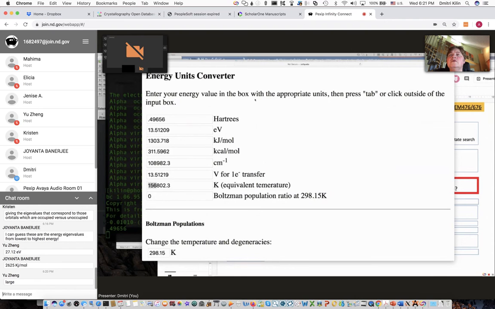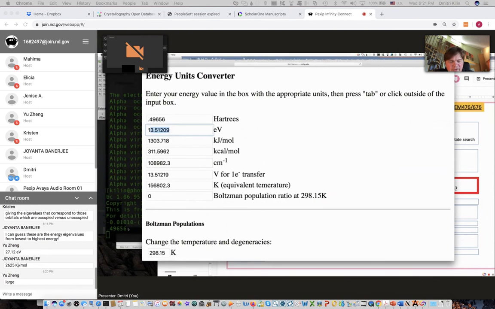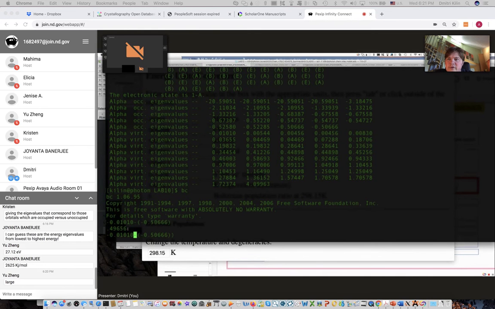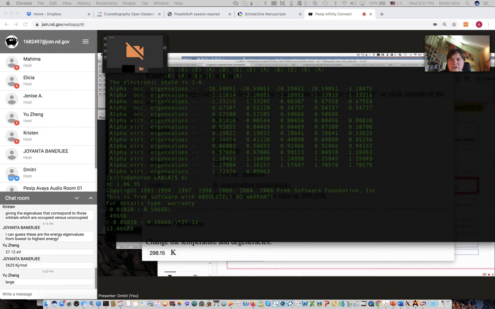Also let's take this number, and I can convert it myself, taking this value that we have computed by subtracting HOMO and LUMO, and then multiplying by 27.12, so 13.46. Another little calculation: if we want to find the wavelength in nanometers, we need to take 1242 and divide by the energy in electron volts.